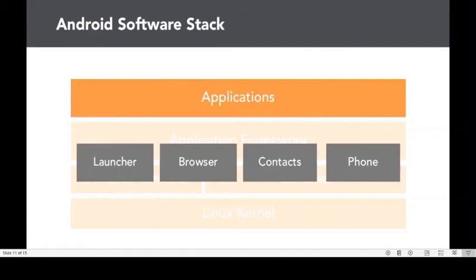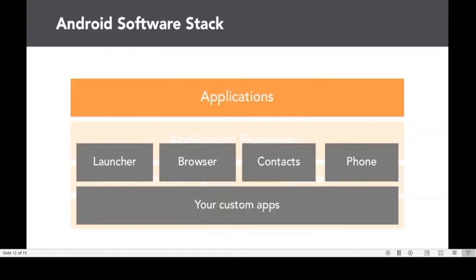Devices that use a customized version of the open source version of Android, such as Amazon Kindle Fire, have their own versions of the default apps like Gmail, Google Hangouts and Google Maps. Every version of Android has a home or launcher screen, a browser, contact and calendar management, a phone. All the apps you build yourself, the custom apps, are part of the application layer.